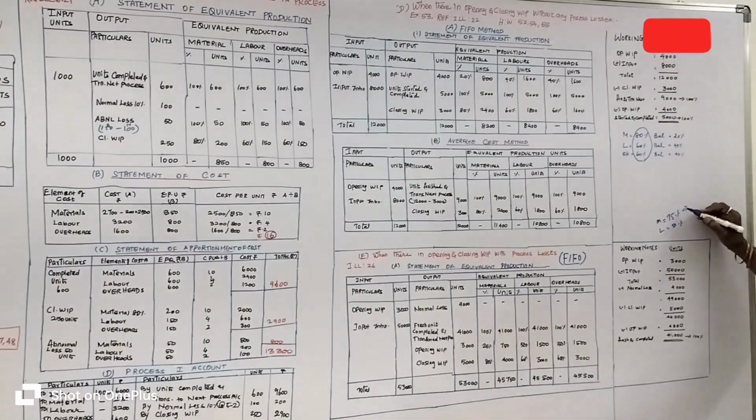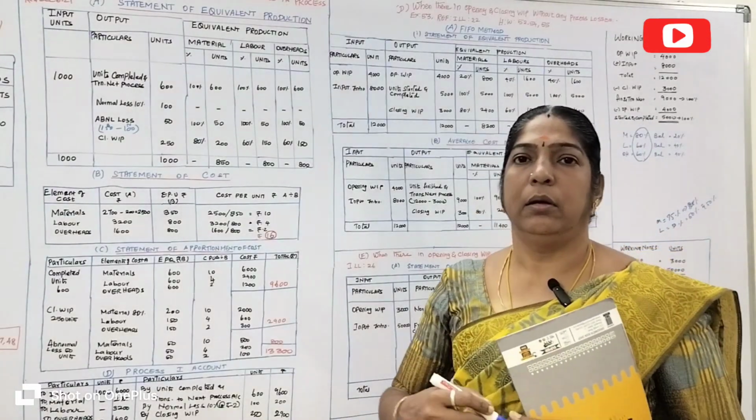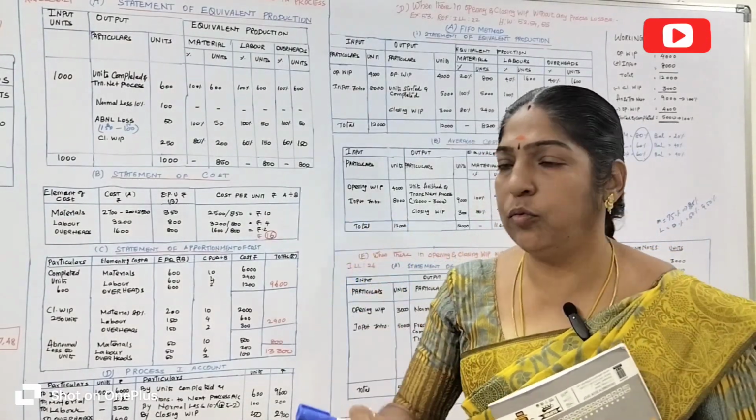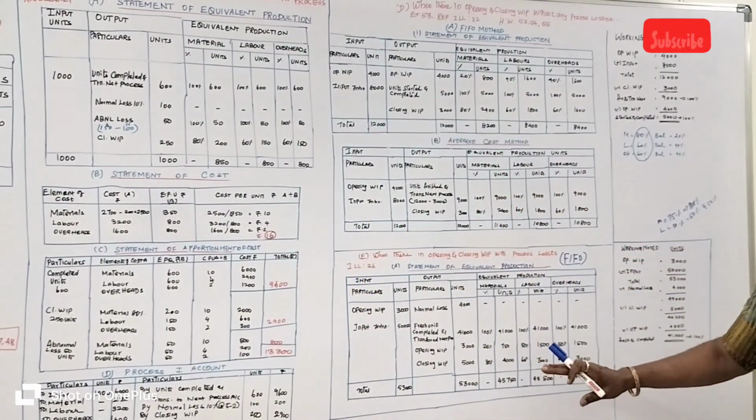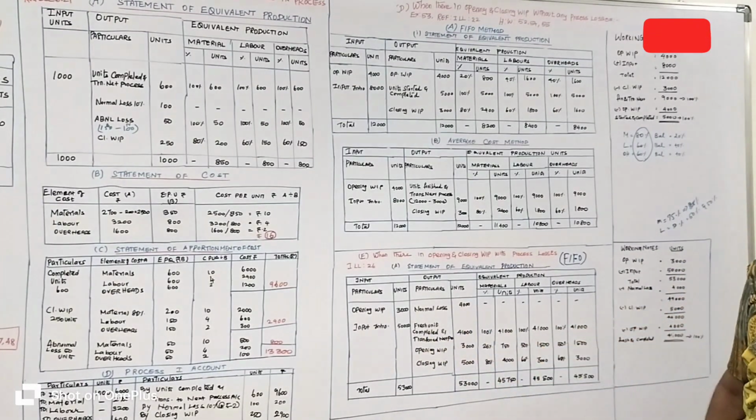So 75 subtracted from 100%, you will get 25%, and 50 subtracted from 100%, you will get 50% for labor and overhead 50%. So the remaining balancing degrees of completion only we need to calculate with the opening work in progress.